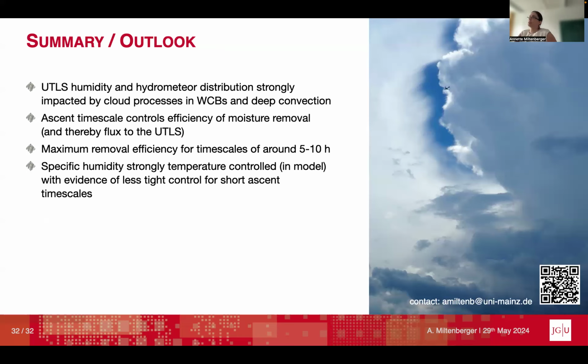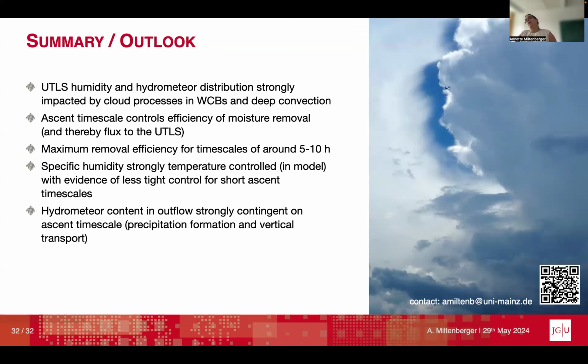The specific humidity in the outflow seems to be very strongly temperature controlled, at least in the model, although there is some evidence of a less tight control for the very short SN timescale. The hydrometeor content in the outflow is very strongly contingent on the SN timescales and the precipitation formation and vertical transport patterns.